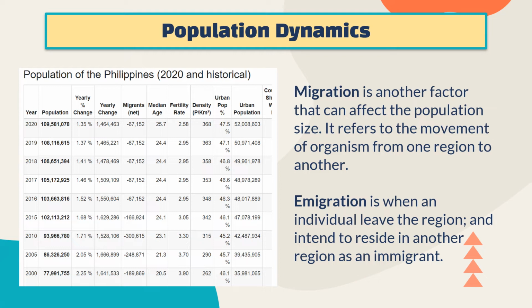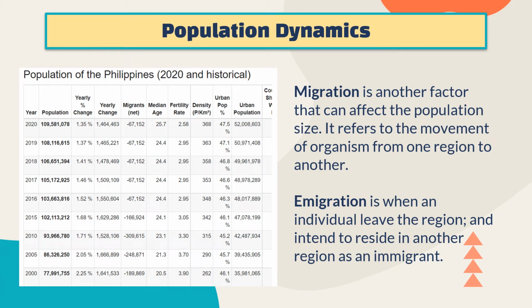Hence, there are factors which lead to the movement of animals for survival. So, meron talagang mga specific animals that they need to survive based on the environment where they belong. Okay? So, migration is another factor that can affect the population size.